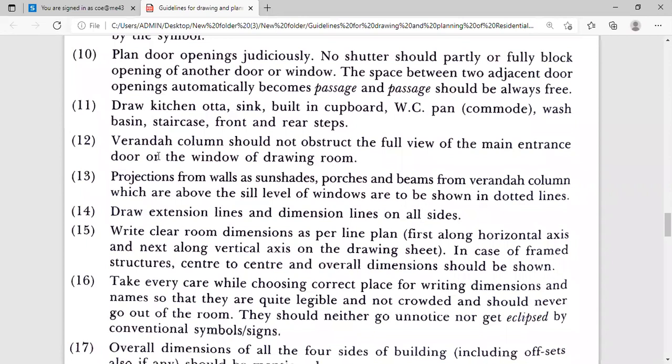Then after that, the veranda column should not obstruct the full view of the main entrance door or the window or drawing room, okay.